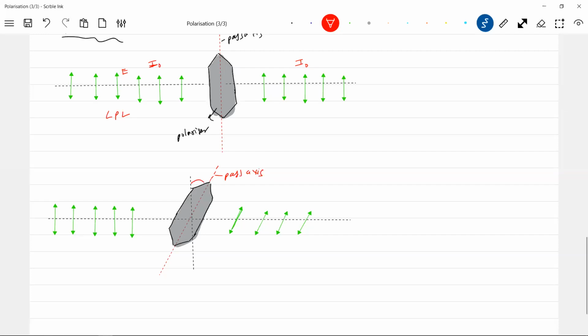This is the angle theta. This is linearly polarized light. The intensity is I naught, and the transmitted intensity will be I. According to Malus law, the intensity is equal to I naught cos square theta.